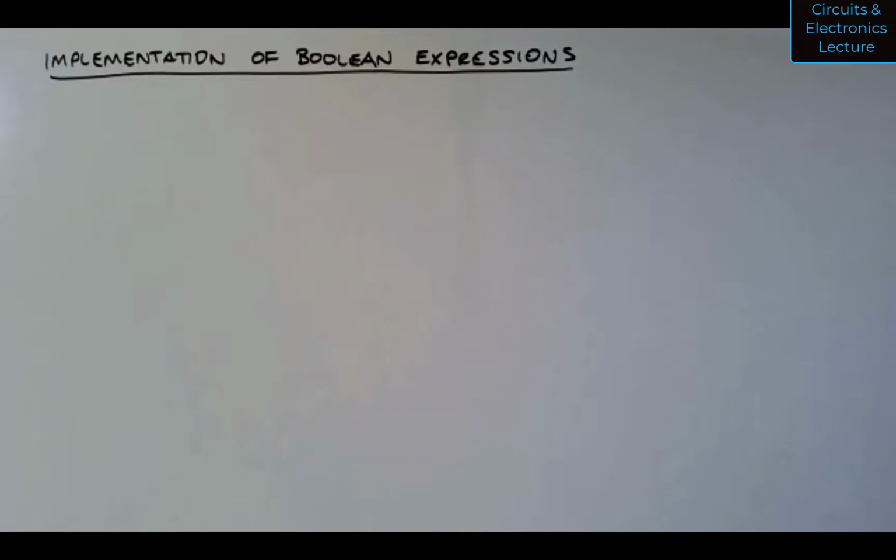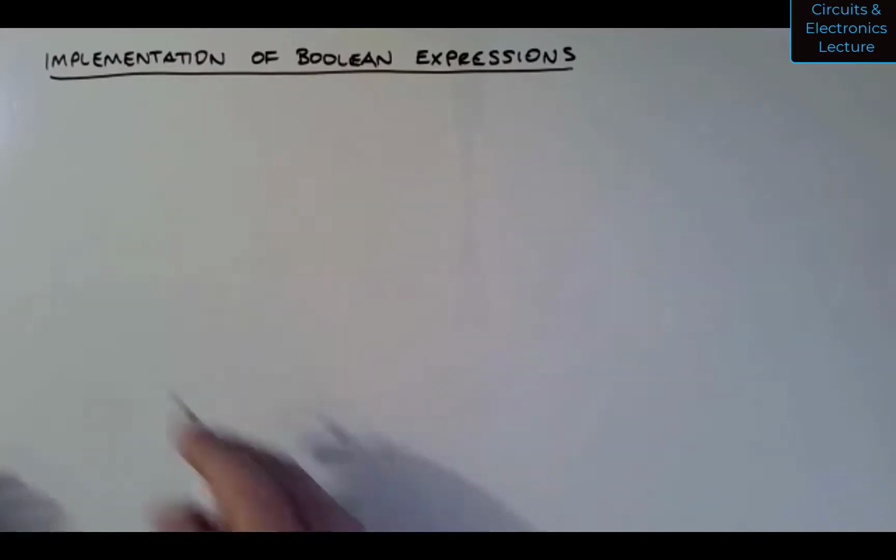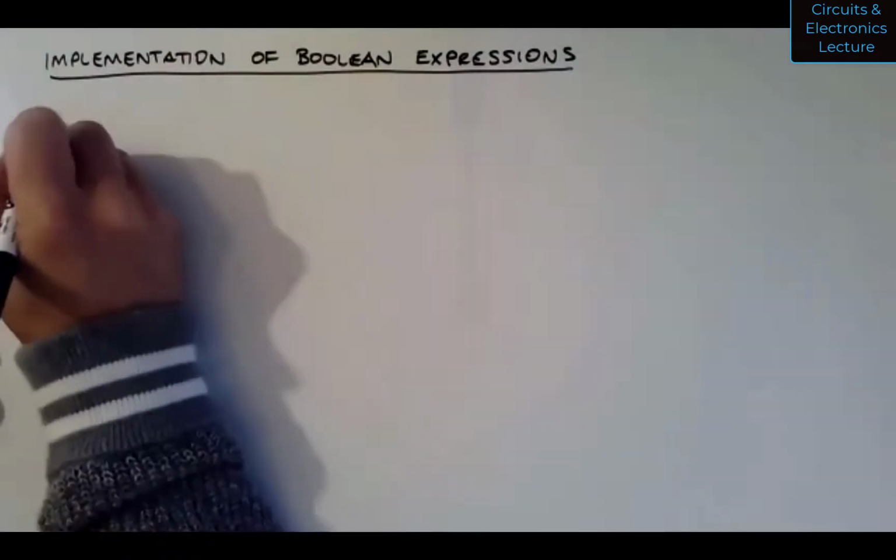So let's talk about the first implementation of Boolean expressions. I mentioned last time that Boolean expressions are equations that use logical variables, or Boolean variables, meaning those variables represent 1 or 0. Let's do an example.